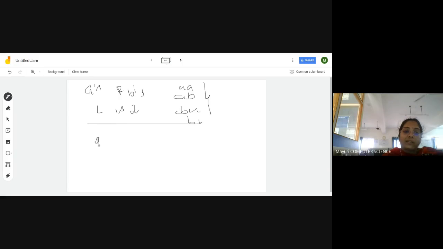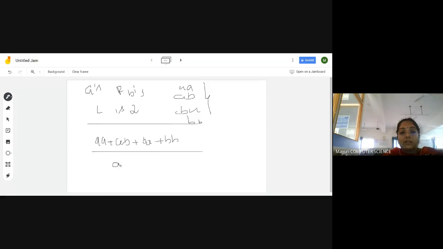With the R symbol plus, it could be AA plus AB plus BA plus BB. I can write one more way.